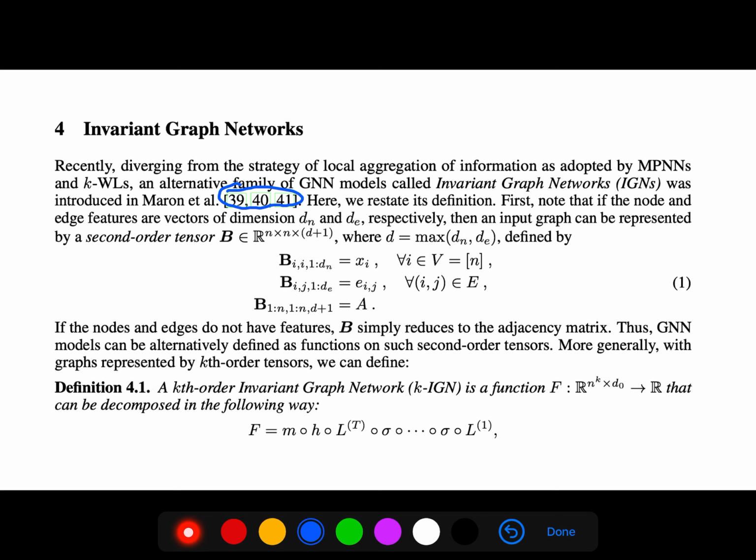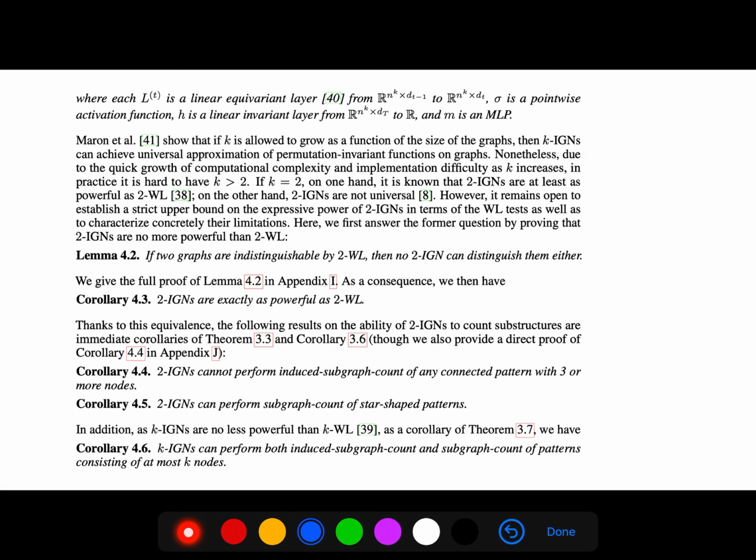First, note that if the node and edge features are vectors of dimension d sub n and d sub e respectively, then an input graph can be represented by a second-order tensor B. If the nodes and edges do not have features, B simply reduces to the adjacency matrix. Thus, GNN models can be alternatively defined as functions on such second-order tensors. If two graphs are indistinguishable by 2WL, then no two IGN can distinguish them either.